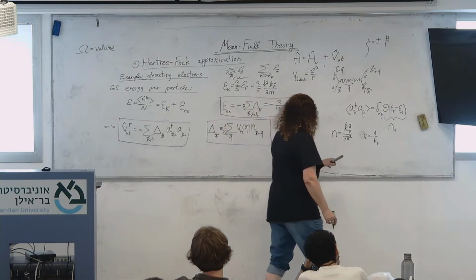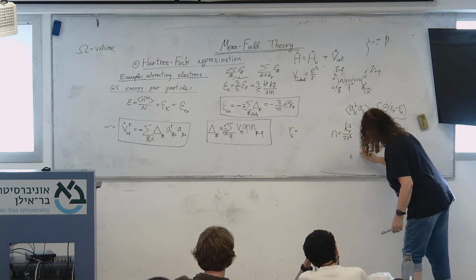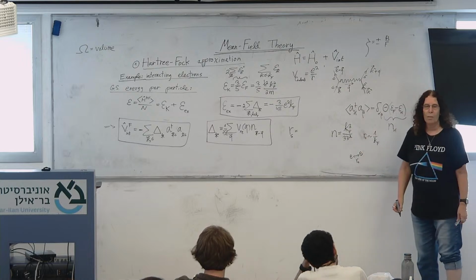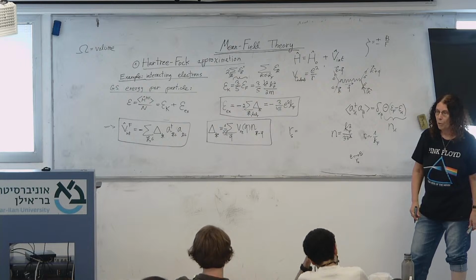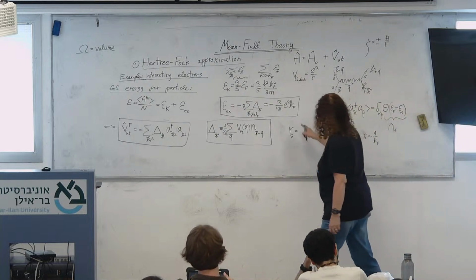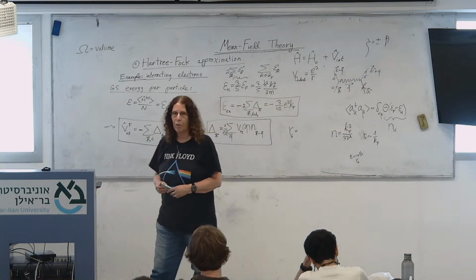So R naught, or 1 over Kf, is actually the average distance between 2 electrons in a metal. That's what it is. And therefore, not surprisingly, that's the scale of the Coulomb interaction.